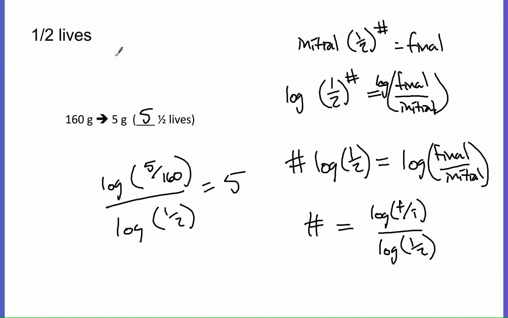So if we want to know a non-multiple of that big number of years, how old something is, we have to have decimal answers for our half-lives. It's not always a whole number. That's my power. So this is the only way to solve it if it's not a whole number in this case. So you have to know how to do it.